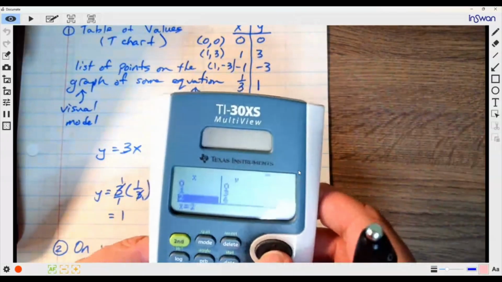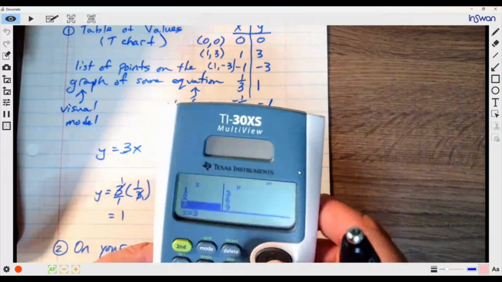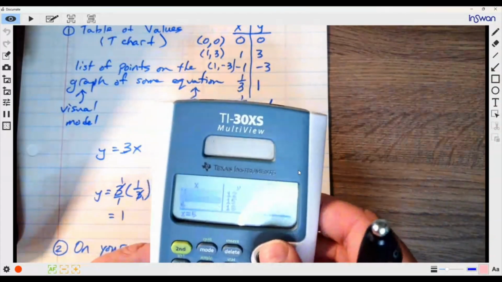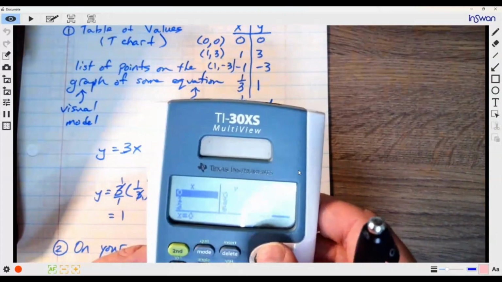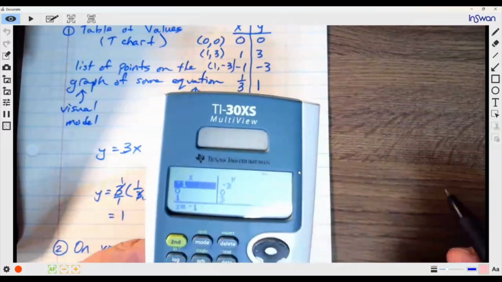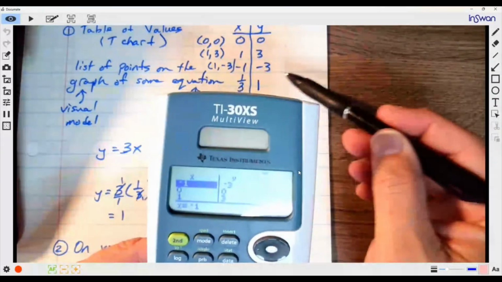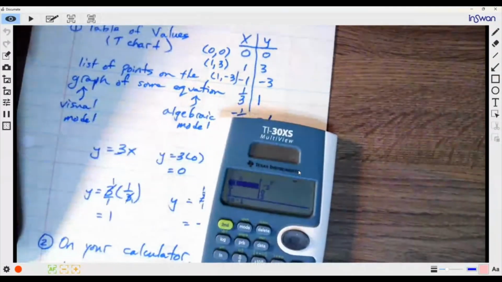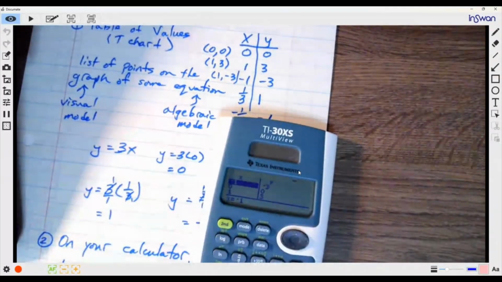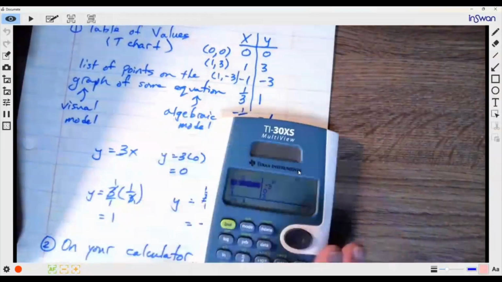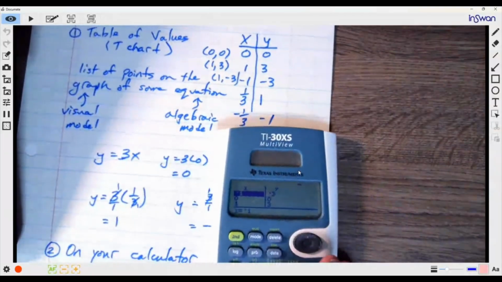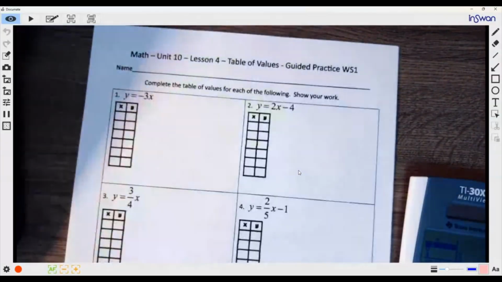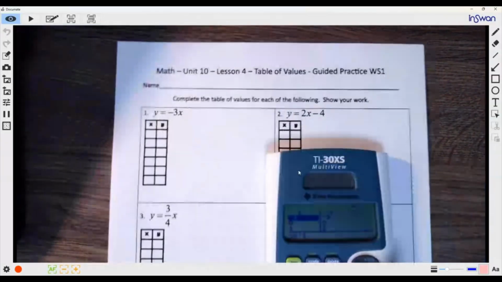And then I can use my arrow keys and go down. 3, 4, 5, 6. And I can go back the other way. And there is my -1, -3. Done for me without me doing anything other than putting that equation in. Okay? So we're going to be doing problems like this today.